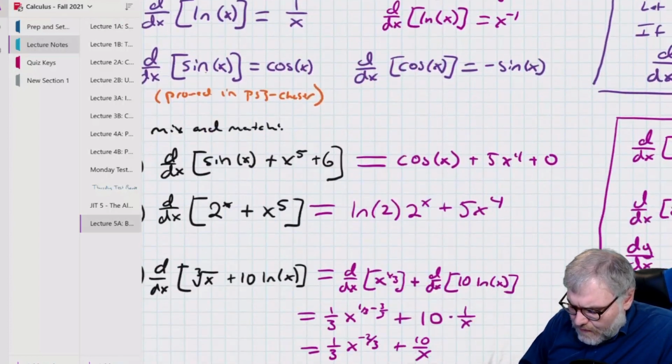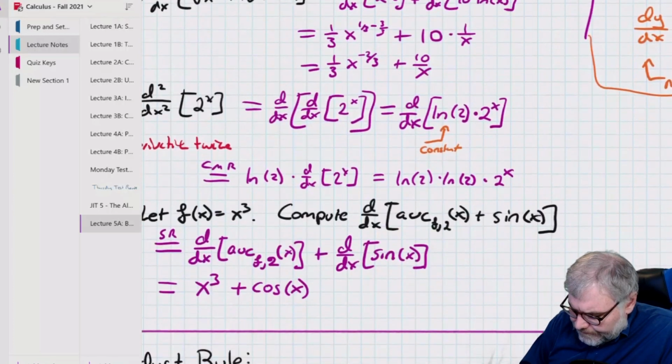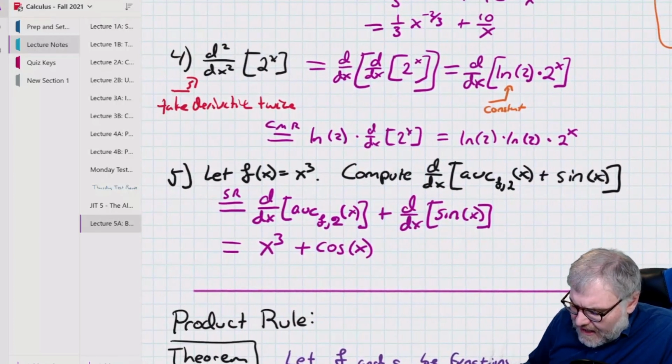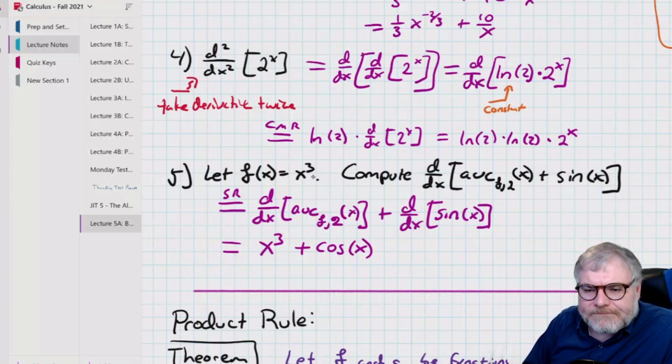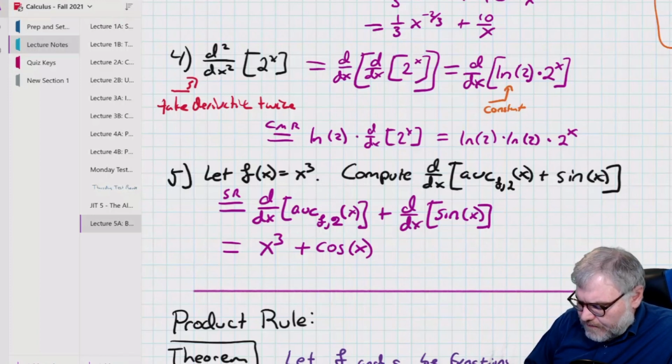In essence, this AUC thing is telling you what the derivative is of itself. So for example, I let f of x equal x cubed, and I want to take the derivative of AUC f 2 of x plus the sine of x. So 2 is in the domain of x cubed. The interval might as well just be negative infinity to infinity, and f of x was simply x cubed.